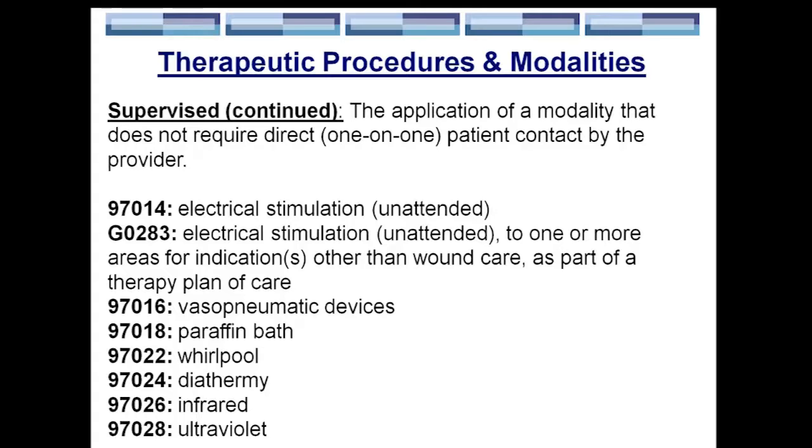Vasopneumatic 97016, 97018, paraffin, Whirlpool 97022, diathermy 97024, infrared 97026, ultraviolet 97028. So those last 6 codes are not that commonly used, so I'm not going to get into too much detail on those. If anybody has any questions on those supervised modalities, please send in your question.